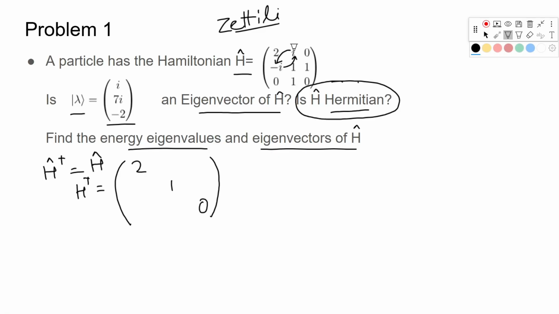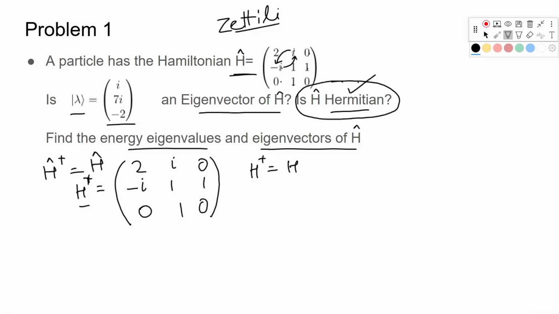So this i will come here and become minus i. This minus i will go up here and become i. Similarly, this 0 and this 0 will interchange positions. Since it does not have a complex part, it stays the way it is. This 1 and this 1 also interchange positions, and this becomes our Hermitian adjoint of this operator. As we can see, this is the same as the original Hamiltonian. So therefore, the Hamiltonian operator is indeed Hermitian.